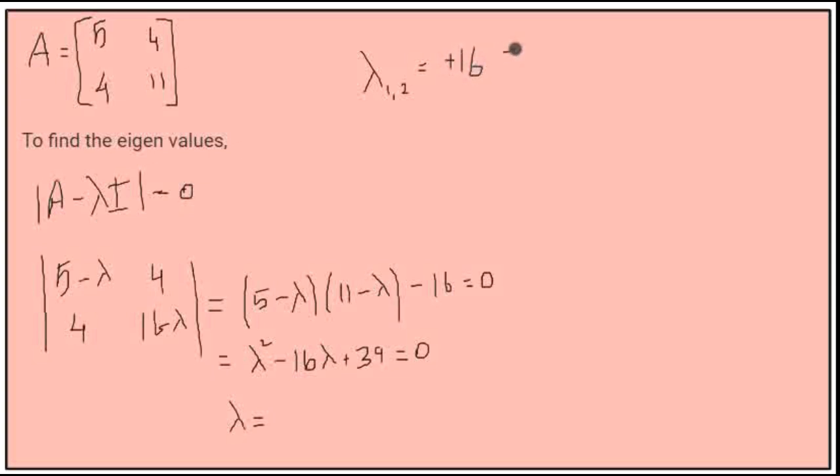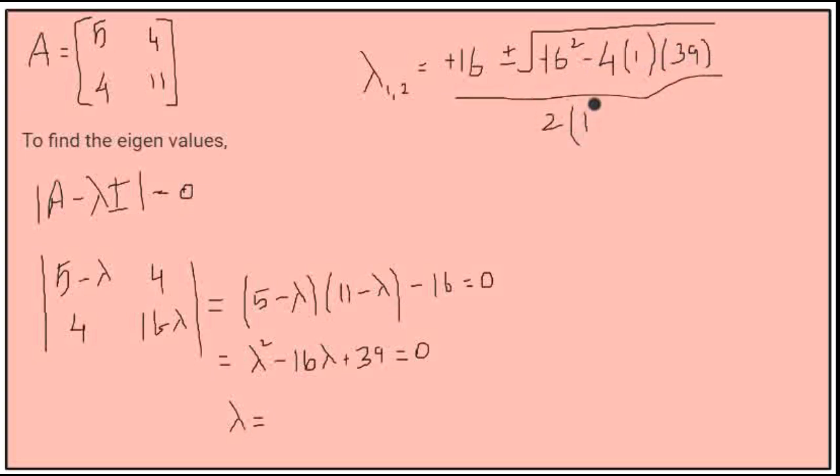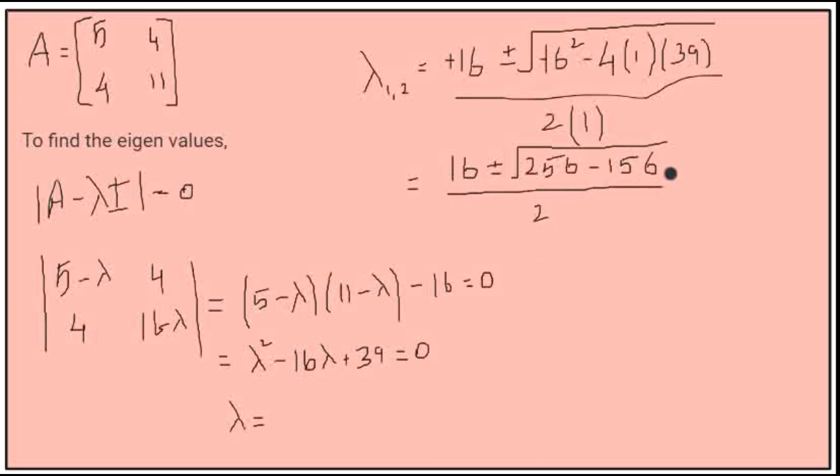So minus b, minus of minus 16, plus or minus square root of 16 square minus 4 into 1 into 39, divided by 2 times 1. 16 square is 256, minus 4 into 39 is 156, so 16 plus or minus square root of 100. We know the square root of 100 is 10. So 16 plus or minus 10 divided by 2.